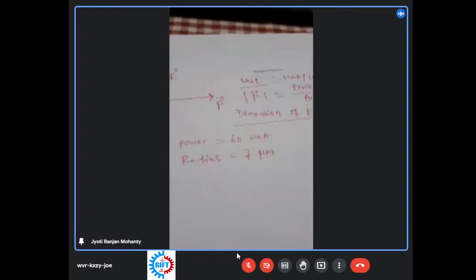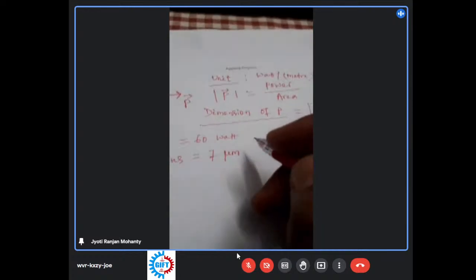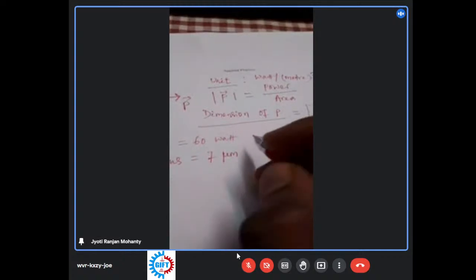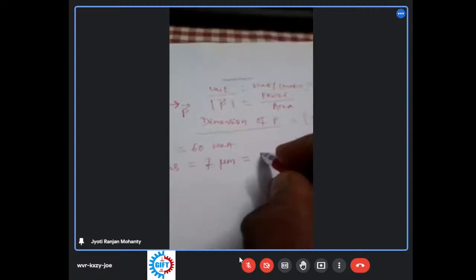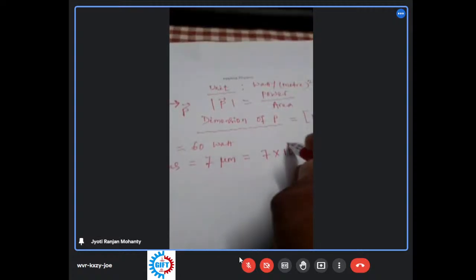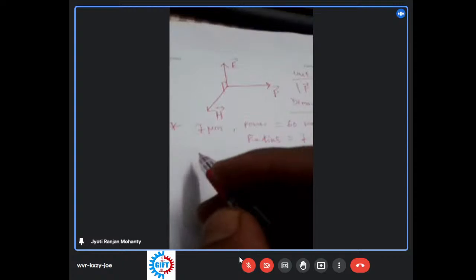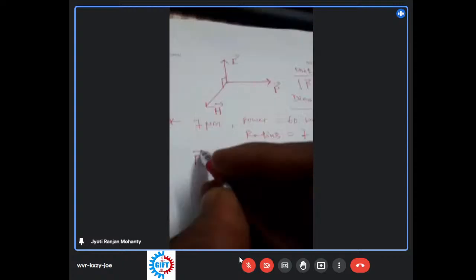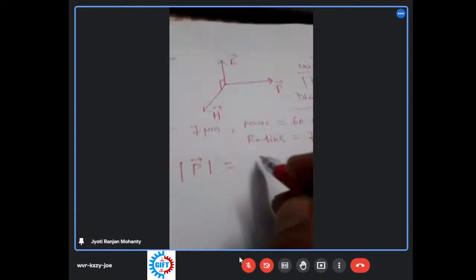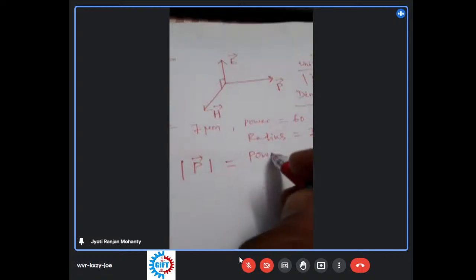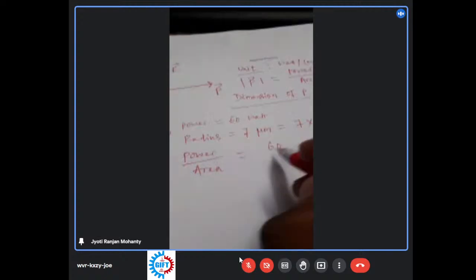We have to convert micrometer into meter, since watt is in SI. 1 micrometer is equal to 10 to the power minus 6 meter. We have to find the magnitude of the Poynting vector, which is power divided by area. Power is 60 watt.